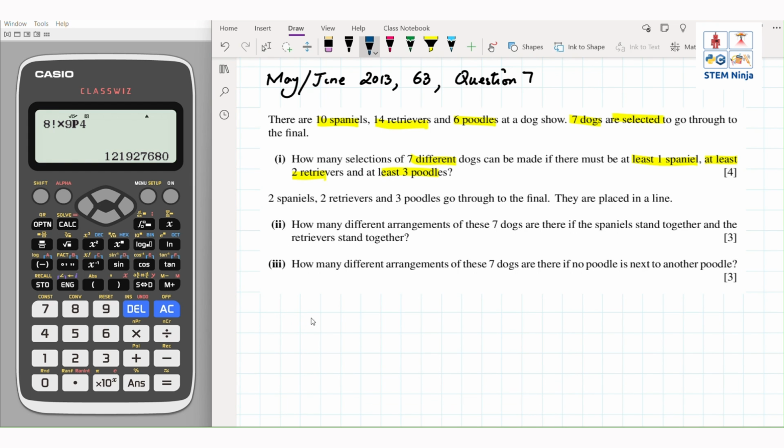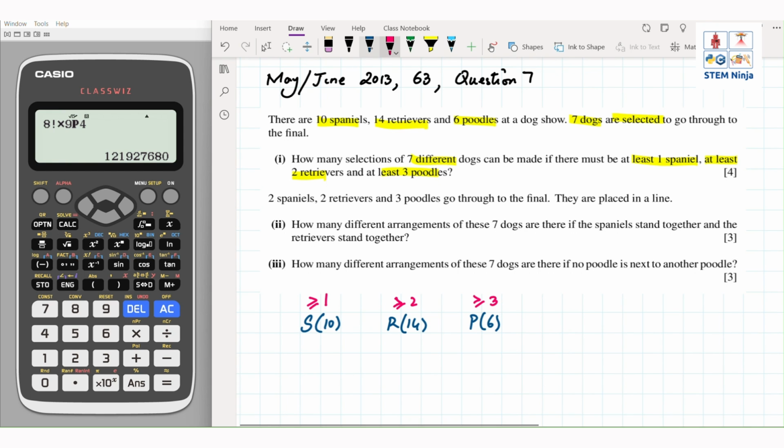Okay, so first off, let's list them. So we have spaniels in total 10, we have retrievers 14, and poodles 6. And what were the conditions? That we must have at least 1 spaniel, at least 2 retrievers, that means 2 or more, at least 3 poodles.